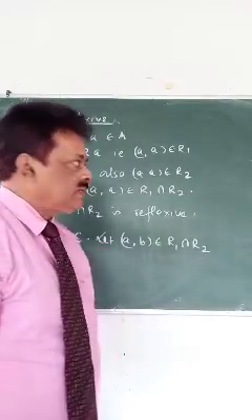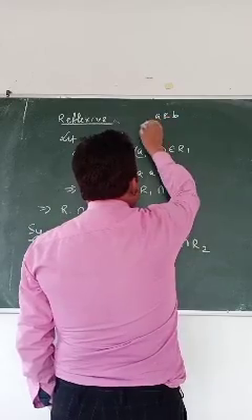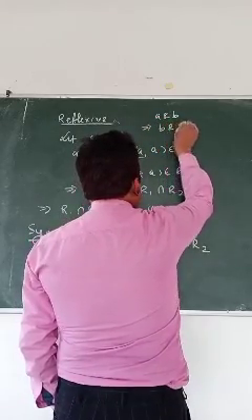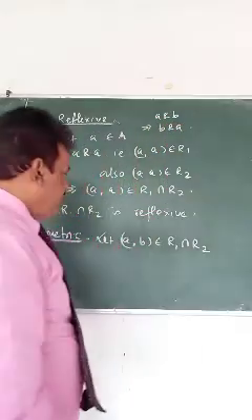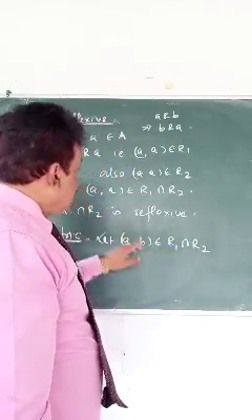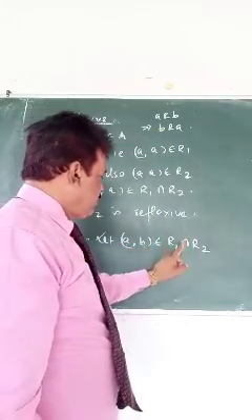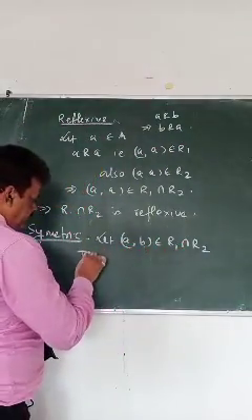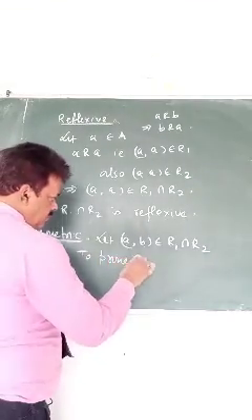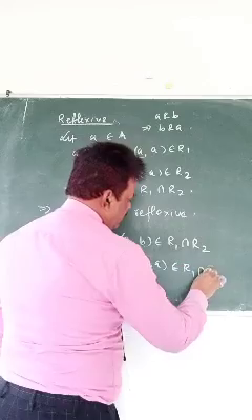What is the definition you remember? a relates to b implies b relates to a. If (a, b) belongs to R1 intersection R2, you have to prove (b, a) belongs to R1 intersection R2.